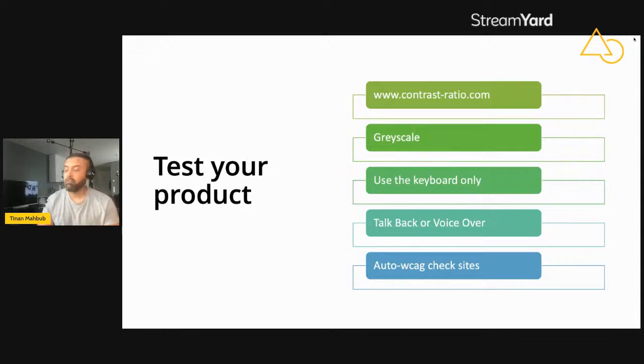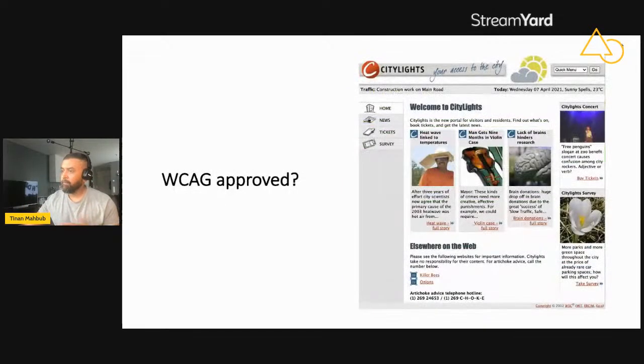And then you also have some automated WCAG check sites. Automated WCAG check sites have their issues as well. I can give you an example. Here is a website. It's a governmental page from some state in the USA. I don't remember where.